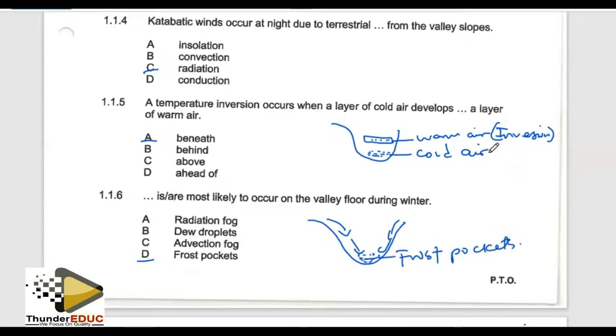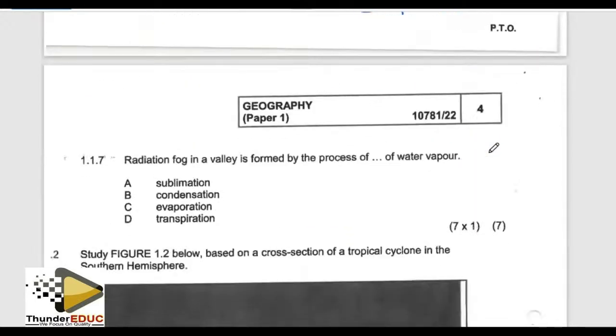All right, let's continue to question 1.1.7. Radiation fog in a valley is formed by the process of condensation of water vapor. We know condensation is a process whereby vapor changes into liquid again.